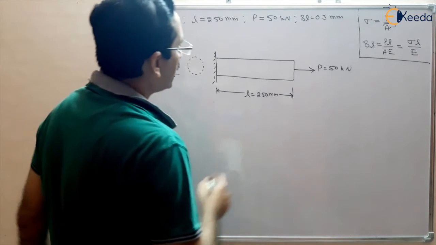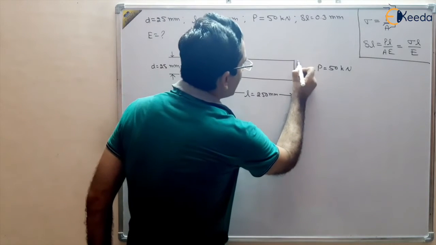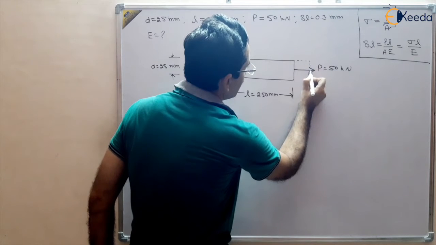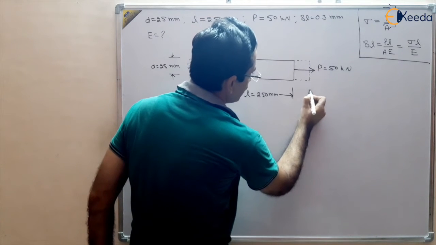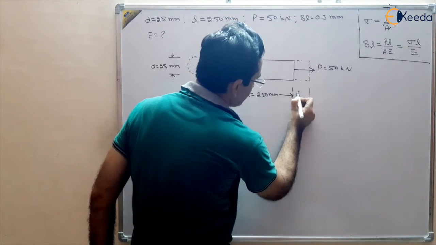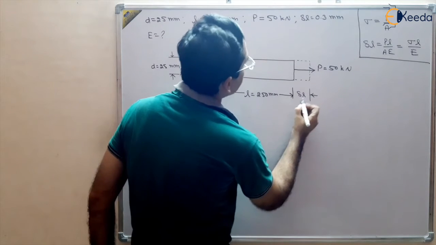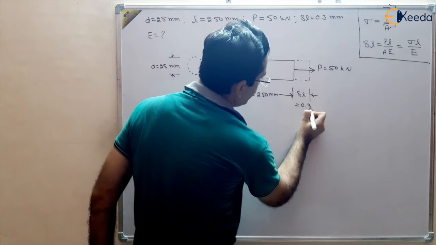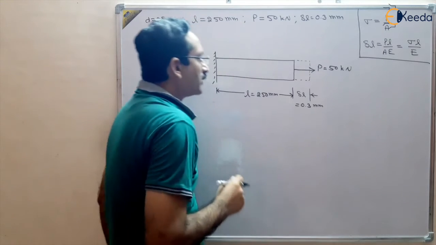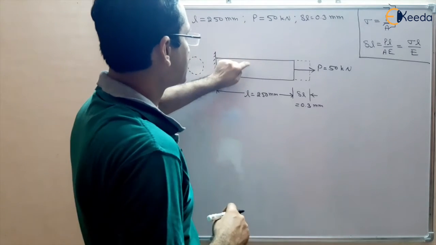Also, due to this load, the extension in the wire, the increase in length of the wire, delta L, is also given, and that is 0.3 mm. We have to calculate the modulus of elasticity of this material.